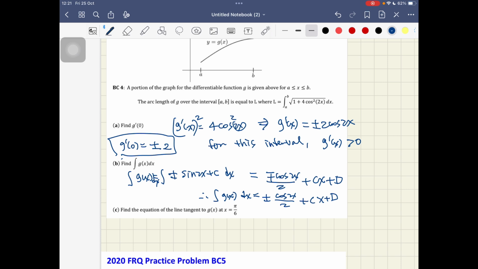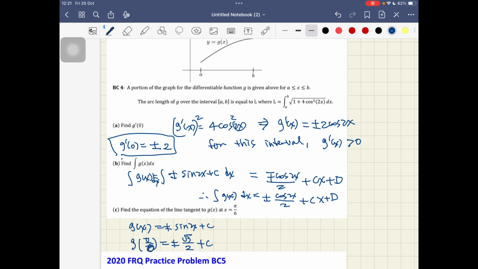And the equation of the tangent line. At this moment, we think g of x is plus or minus sine 2x plus c. So g of pi over 2 means plus or minus square root 3 over 2 plus c. Oh, I mean pi over 6.